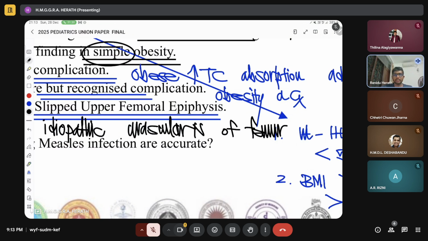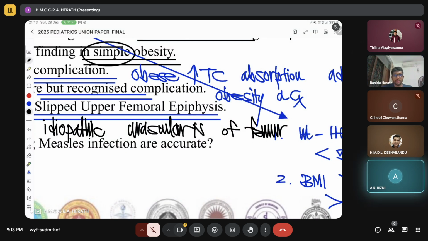Can you go through that section in the concise textbook and let me know what complications of obesity they have mentioned? Can Deshabandhu do that for me? I have the list with me, Arunaja. Okay, then you can also do it.